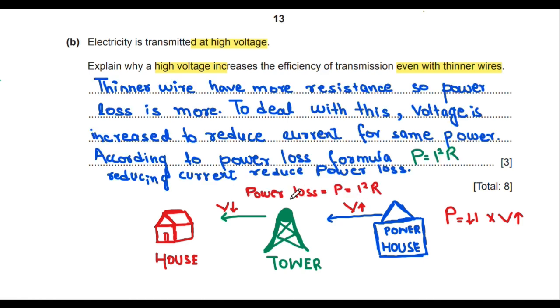So thinner wire has more resistance, so power loss is more. To deal with this, voltage is increased to reduce the current for the same power. According to the power loss formula, P = I²R, reducing current reduces the power loss.